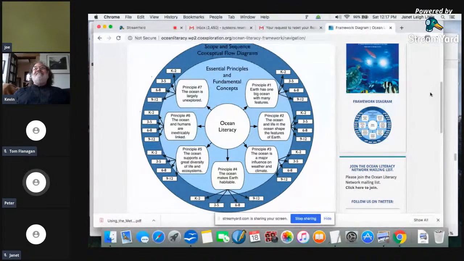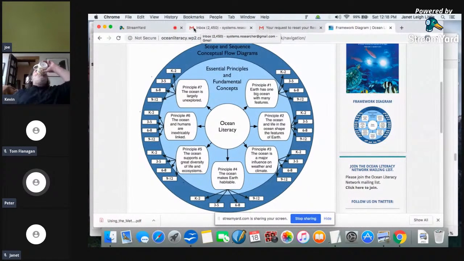The diagram you're looking at is an evolution of the project to include what's called a scope and sequence: under each of the principles and concepts are a number of smaller segments of learning nuggets, about 720 actually, that are meant to be sequential and progressive, leading to a mastery of each principle.